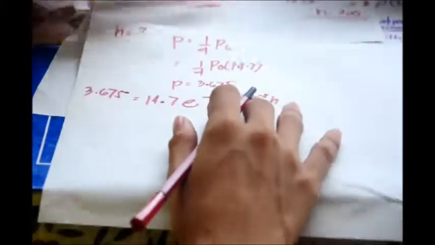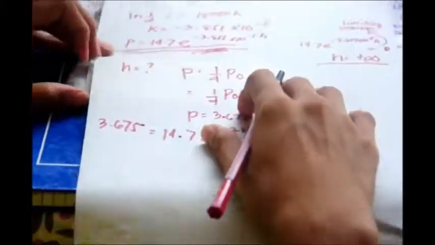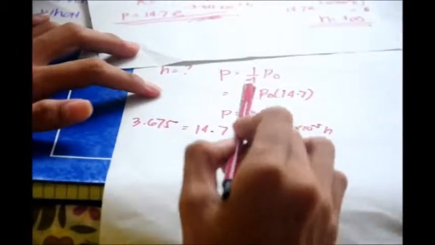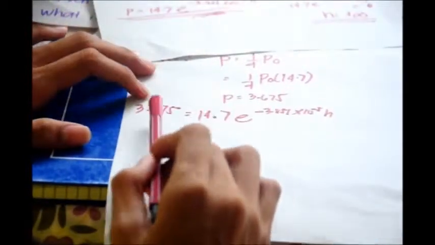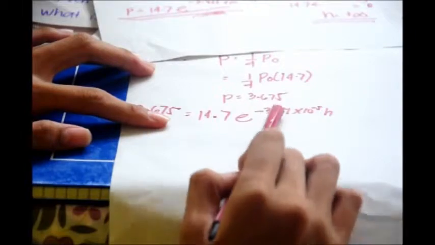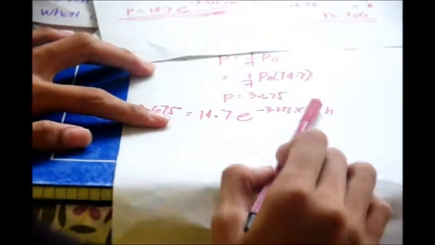This equation is from this equation. By using this equation and substituting the value of P, we get 3.675 equals 14.7 e to the negative 3.851 times 10 to the negative 5 h.